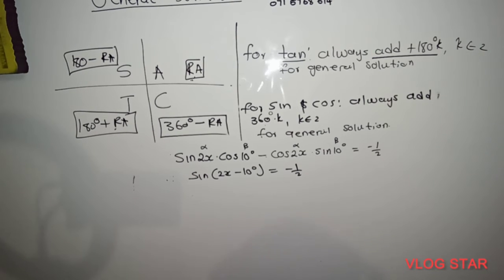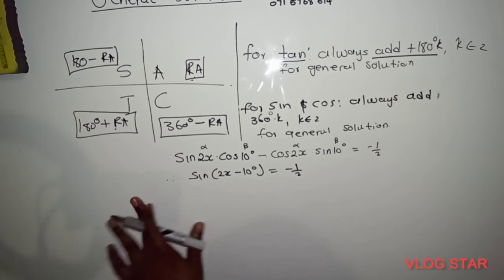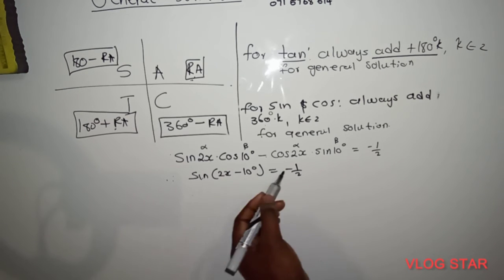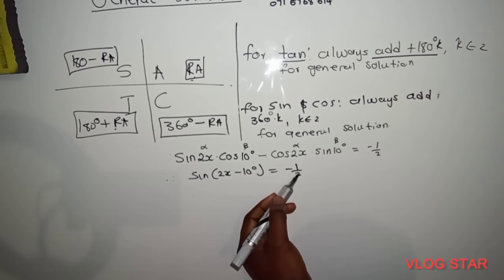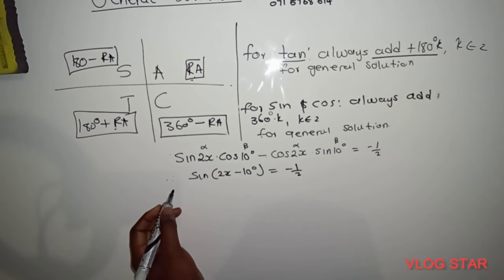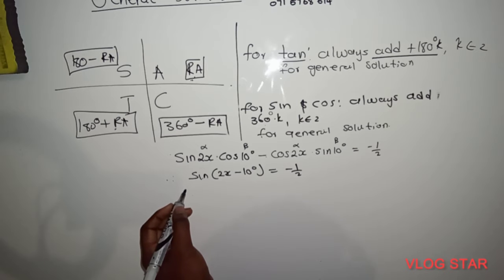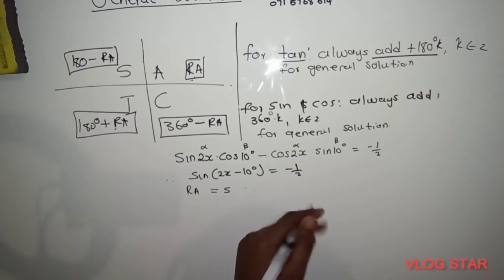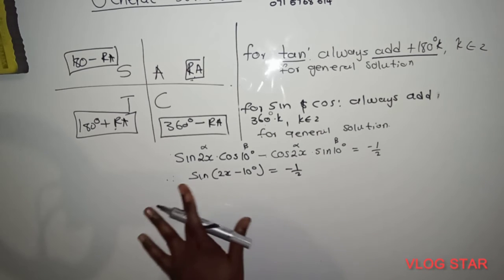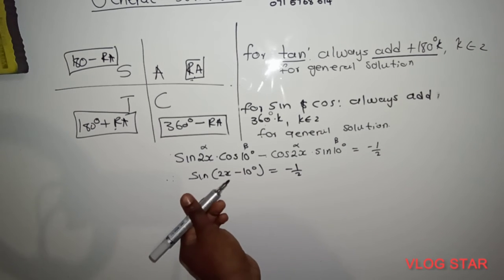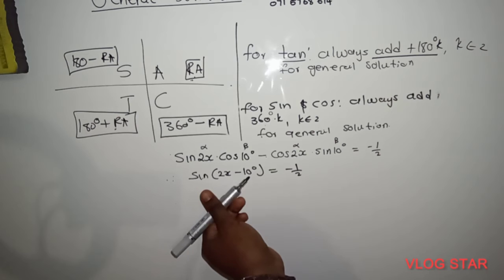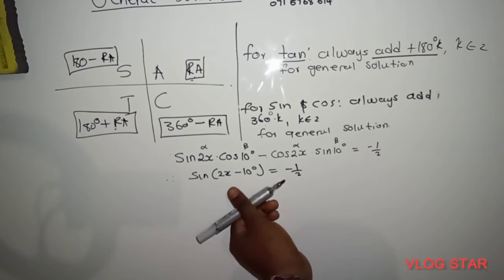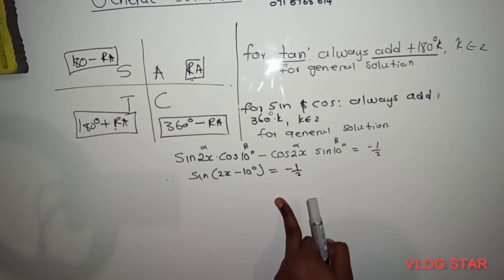What you have to do is to find the reference angle. To find the reference angle, you apply the arcsine of 1/2 here. To get my RA, I'm going to apply the inverse sine, but here we are left with 2x minus 10 degrees equal to this arcsine.